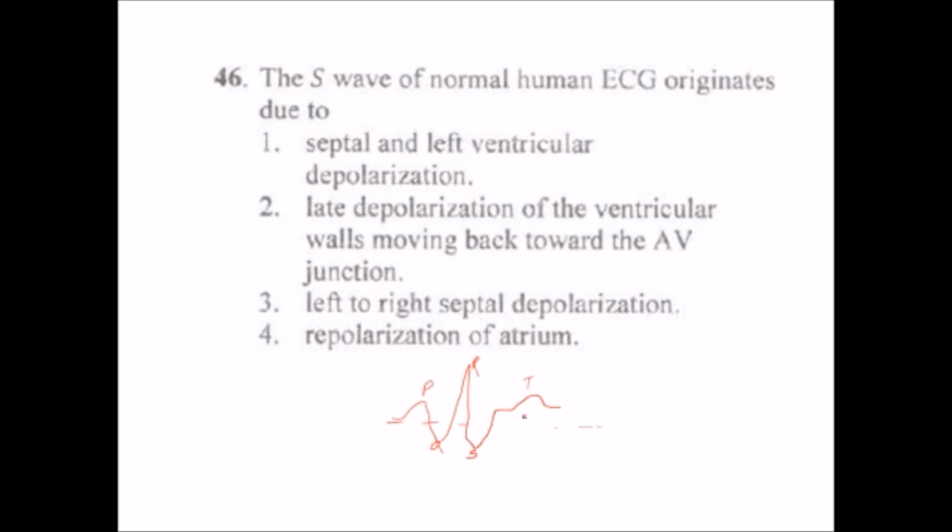I haven't drawn it very nicely because it is a little bit difficult for me to write on my bamboo pad. So here the P denotes the development of action potential at the SA node. At this time atrial muscles are depolarized. Now here it is asking about the S, and QRS represents the repolarization of atrial muscles and depolarization of ventricular muscles.